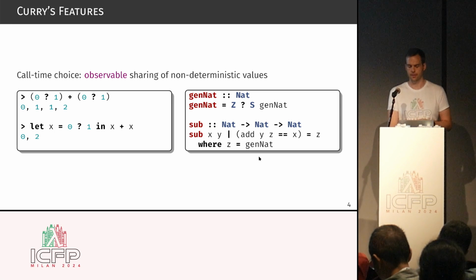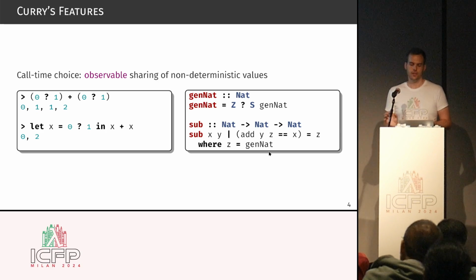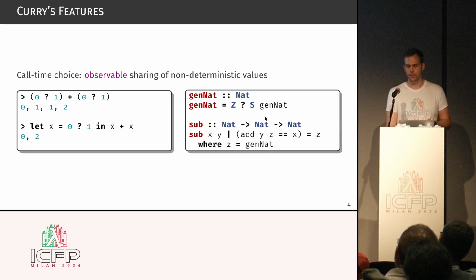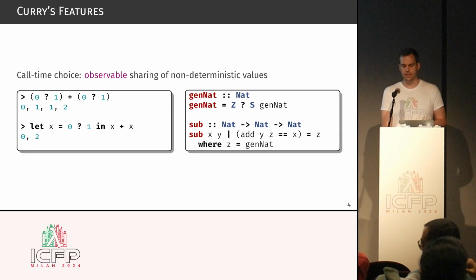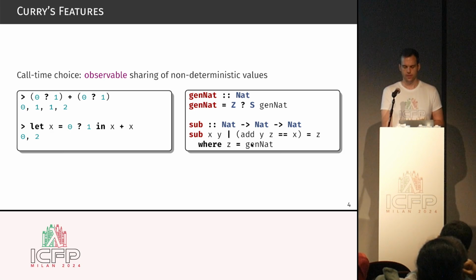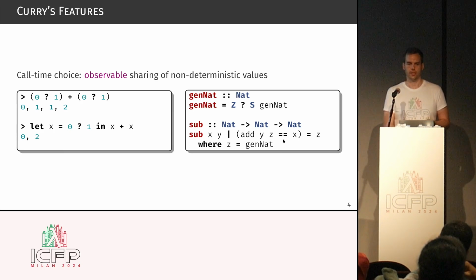We just replace the free variable with this generator function. We can still use this function as before. So although we have this generator function that generates infinitely many values, the laziness will allow us to stop generating values as soon as it's obvious that this equation can't be true.